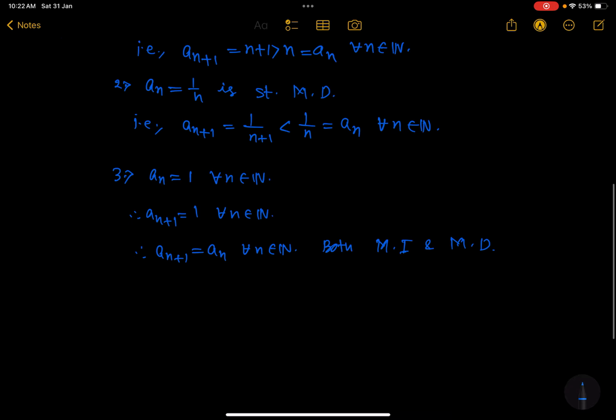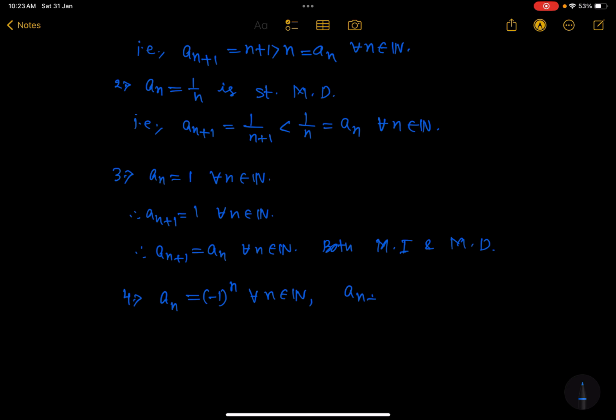Now we take another example, a_n equals minus 1 to the power n.